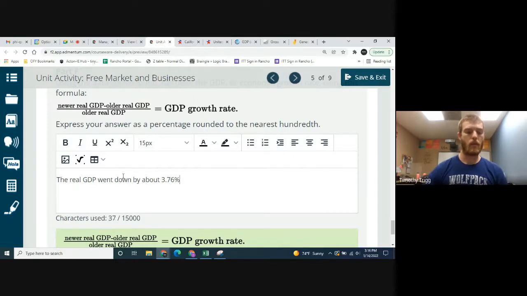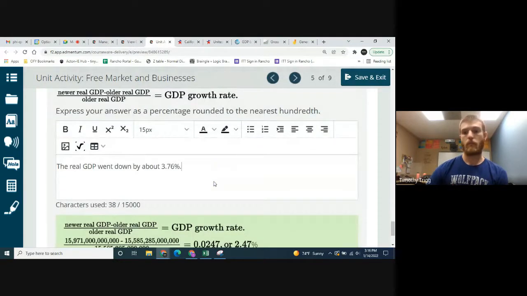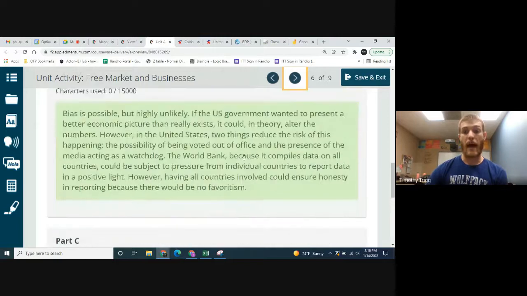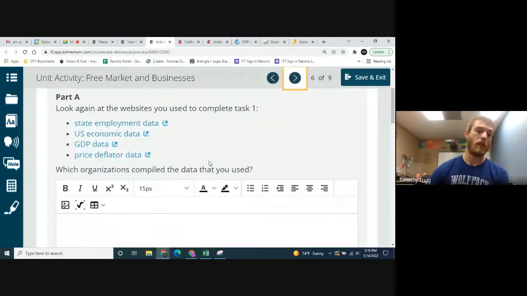Notice it was a negative number in this case, which makes sense because the new GDP in 2020 was lower than the GDP in 2019. Keep in mind that that's bad, right? We don't want the GDP to go down. We want it always to go up.